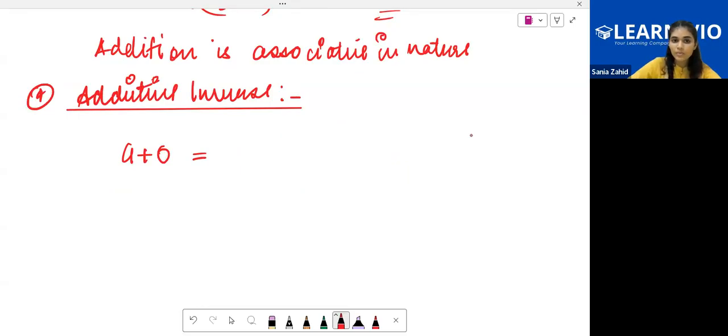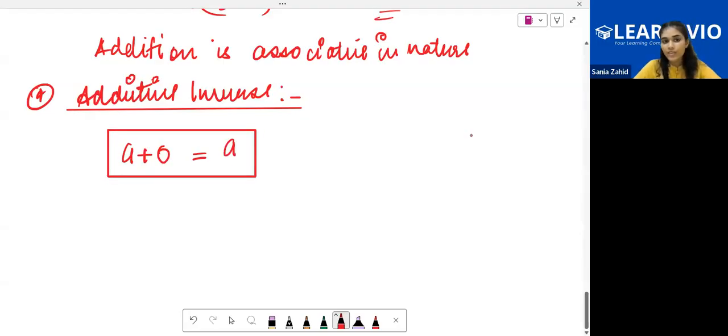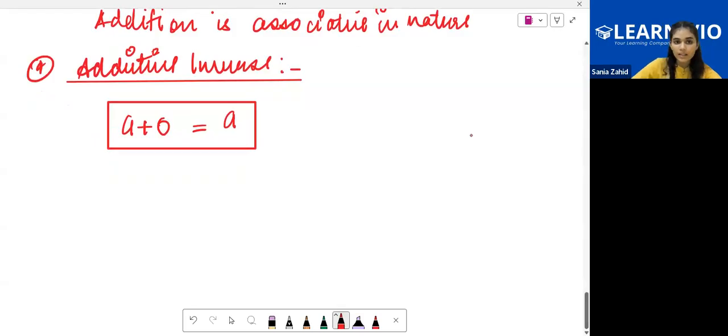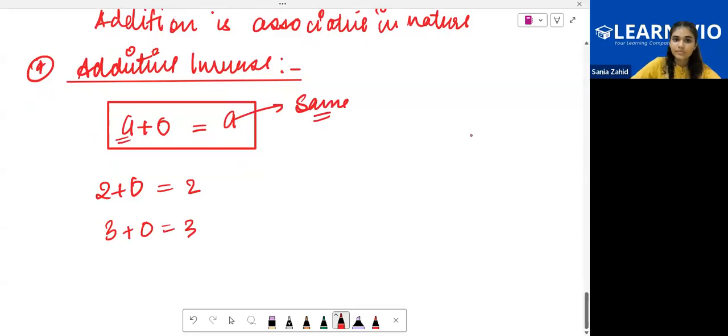So a plus 0 will be equal to a only, right? That means whenever you add 0 to any number, you will get the same number only. Like 2 plus 0 is 2. Let's do 3 plus 0. It is 3 only. So when you add 0 to any integer, you get the same integer. Okay? So this is additive inverse.